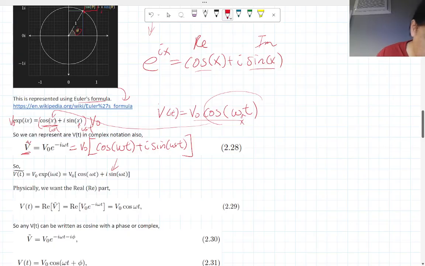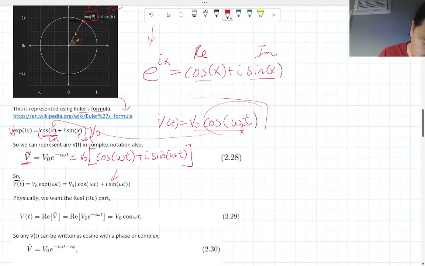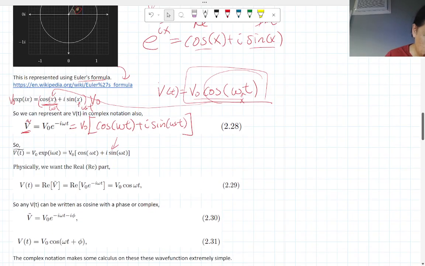Physically, since the function that we were originally representing is only the real part, whenever we want to find the voltage as a function of t, we only take the real part. This Re stands for the real part of this complex voltage function, and the real part of e to the i omega t is just cosine omega t, and then this V naught just follows along.